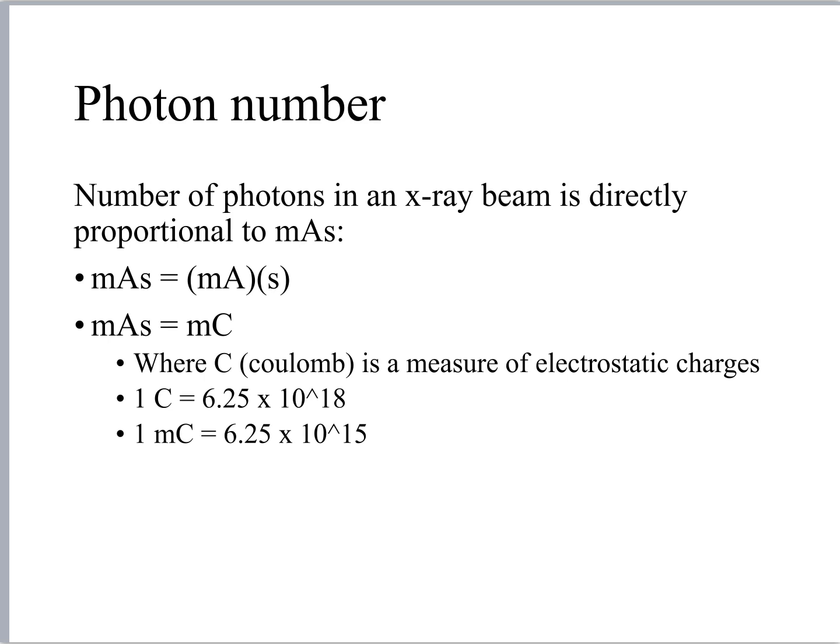Where a coulomb, that's not C as in the constant, like E equals mc squared. This is C for coulomb, which is a measure of electrostatic charge, so in essence a number of electrons. In fact, 1 coulomb equals 6.25 times 10 to the 18th electrons. Just to give you perspective on how many electrons I'm talking about, that number is a quintillion.